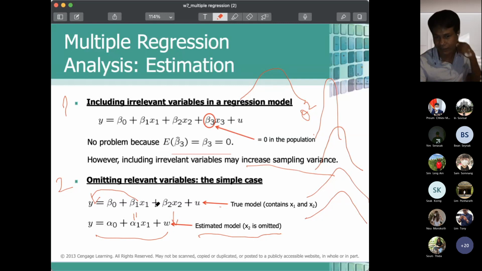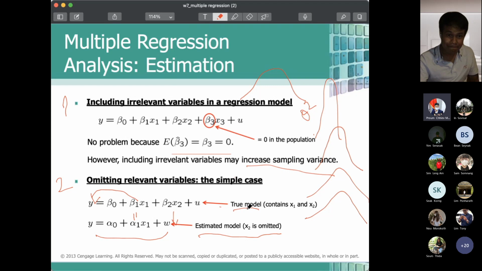But here I just want to tell you the difference between the two models. Model 1, we call the true model. Model 2, we call the estimated model. In the estimated model, we unintentionally or intentionally, because of data, omitted x2. So x2 is omitted. That's what we call an omitted relevant variable.